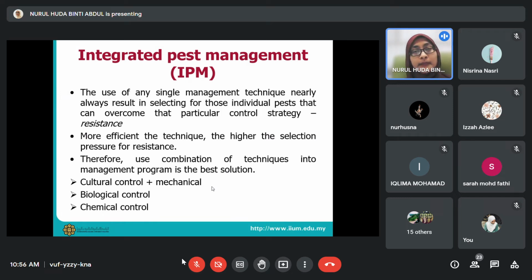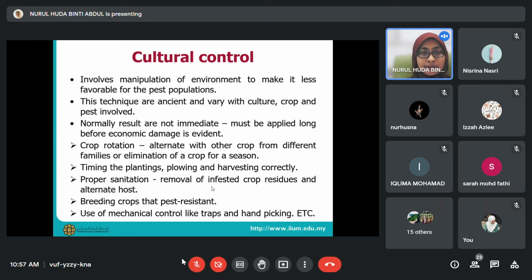And then we have biological control where involve predator, parasitoid, the one that can control the population of pests. And then lastly, barulah come up with chemical control. Okay, so chemical control is actually the last choice ataupun the last technique that you have to use to control the pest population in IPM, integrated pest management.